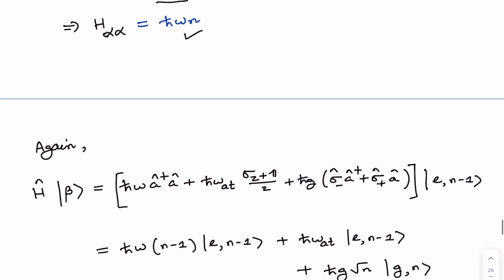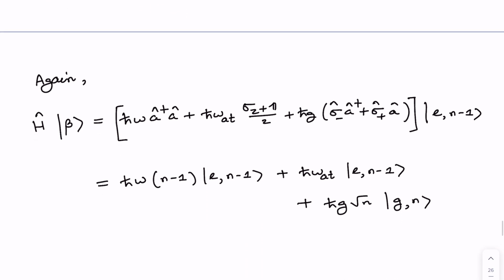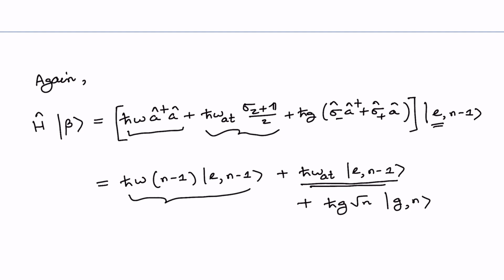Again H|β⟩ you can calculate in a similar way. Now this time the atom is in the excited state, so from this middle term you have to put σz equal to +1, and this is going to give you this particular term. Similarly, as I have explained, the field mode operating on the basis state here is going to give you this term, and the last term is going to yield this particular term.